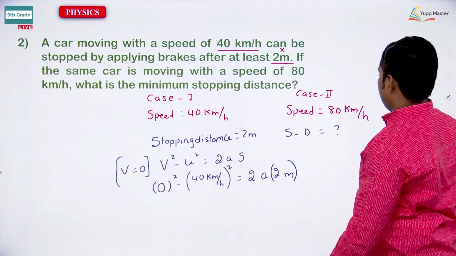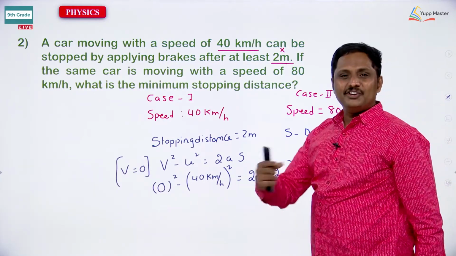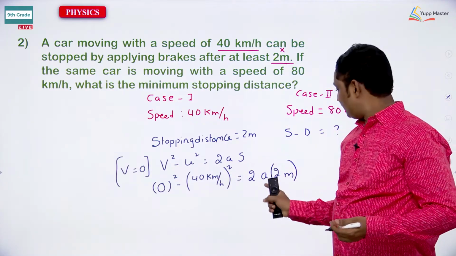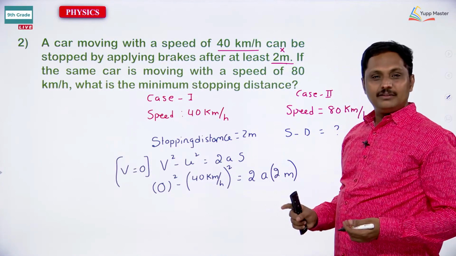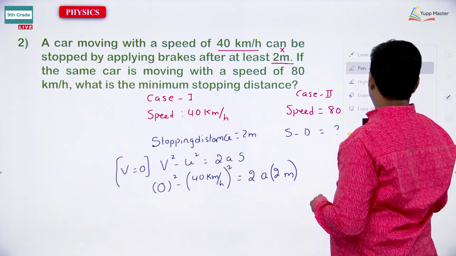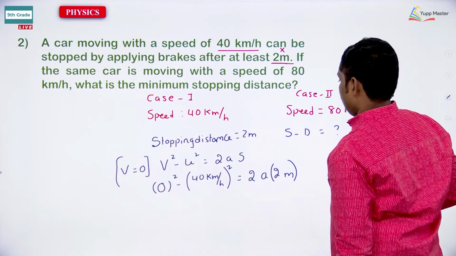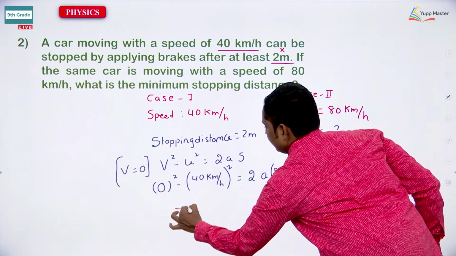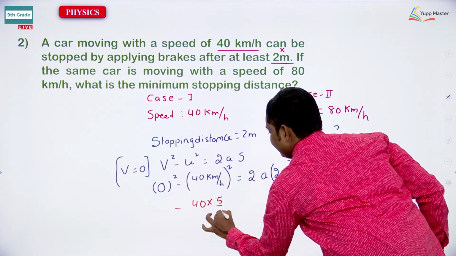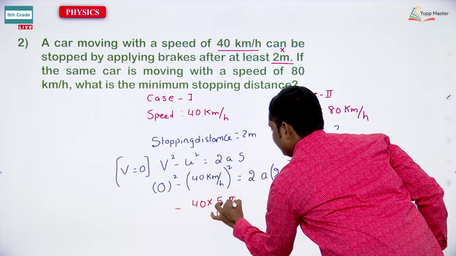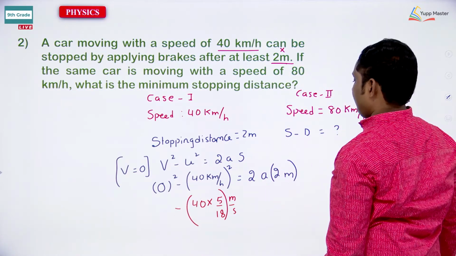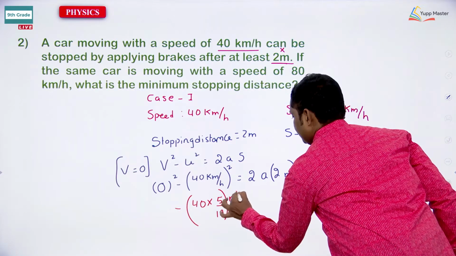So here there is a need for conversion of units, kilometer and meter. It is going to be converted into meter per second, it is easy, right. That is minus 40 into 5 by 18 meter per second.